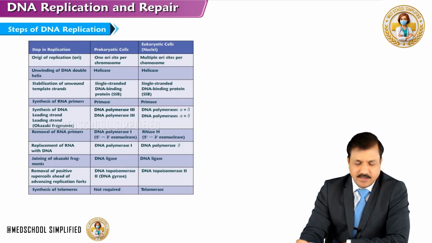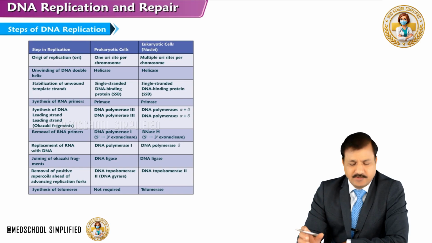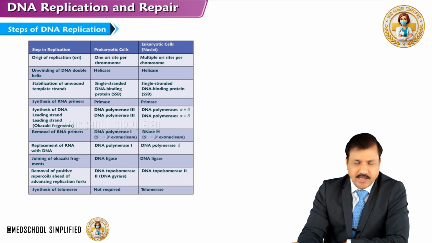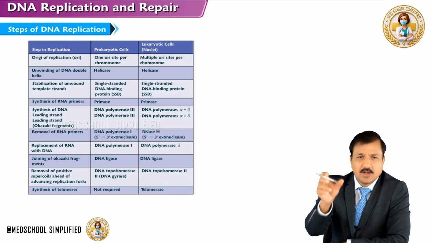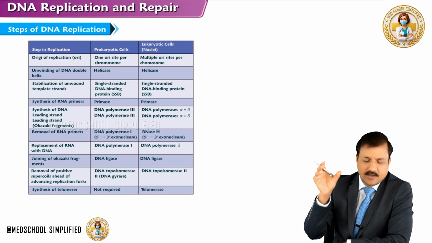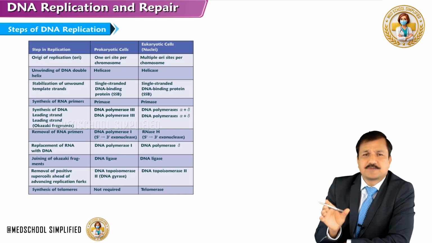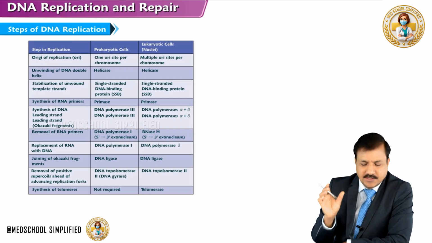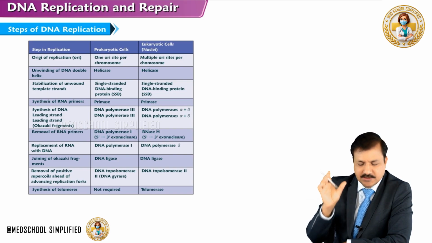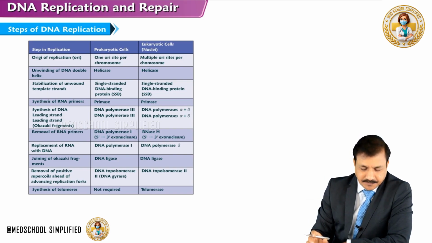So, in this table, DNA replication between prokaryotic cell and eukaryotic cell has been compared, as you see here. All the details are written here, including the steps in replication and what happens in the prokaryotic cell and what happens in the eukaryotic cell.